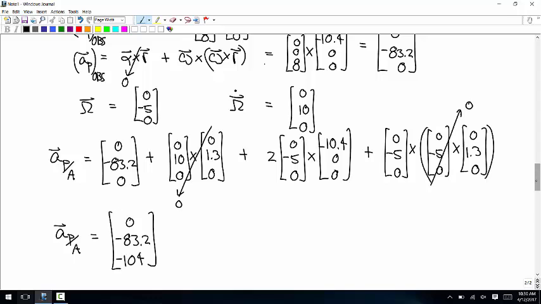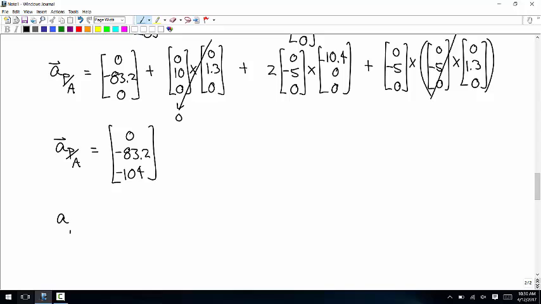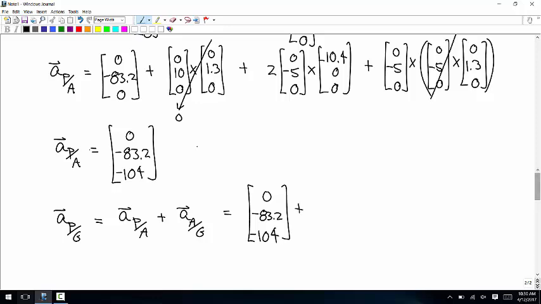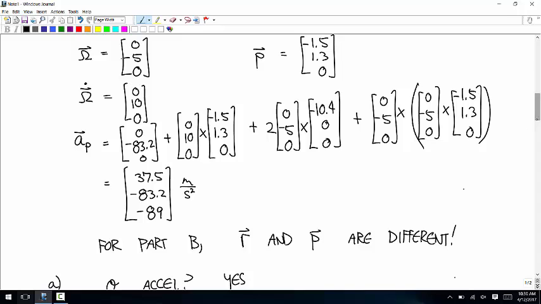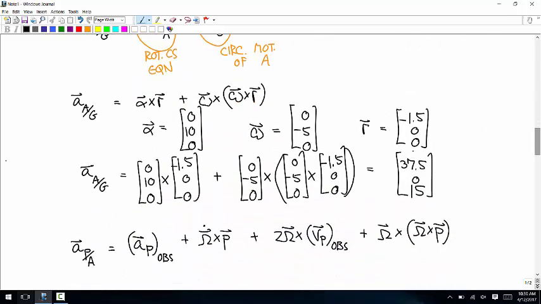Okay, and then finally you put those two together. The acceleration of p relative to the ground is equal to the acceleration of p relative to a plus the acceleration of a relative to the ground. That's 0, negative 83.2, negative 104, plus whatever we got at the beginning. 37.5, 0, 15.